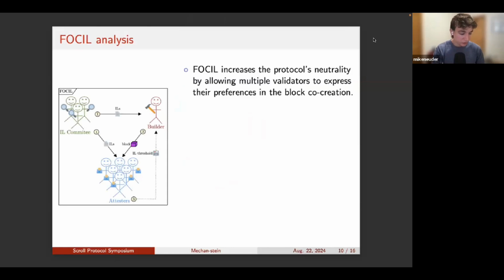And just to do a very brief analysis of it, this is very targeted at design goal number 3, which is increasing the protocol's neutrality by allowing multiple validators to express their preferences in block co-creation. This is a mouthful, but anyway, everyone works together to create a template, and that template expresses someone's view or an aggregate view of the mempool at a given time.